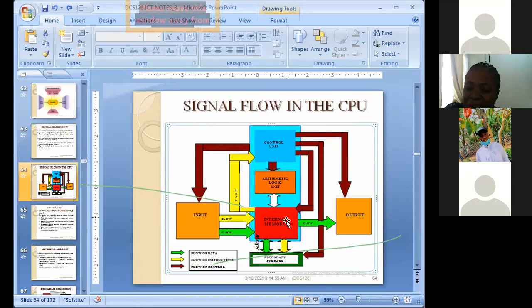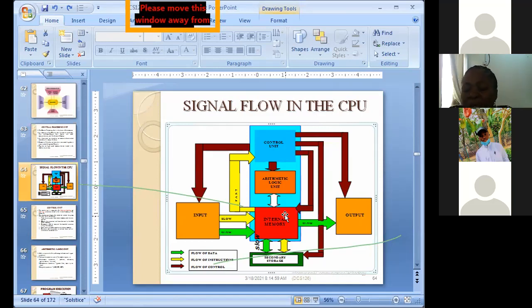So if that is the next instruction, now remember, after processing, the result is shown on the output device. That is this arrow that comes to output, coming from the control unit. Now, the next is, what is the next instruction?